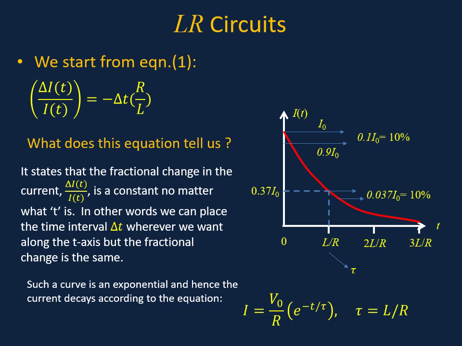The factor tau is a time constant which characterizes how fast this exponential curve drops, and that's simply L divided by R. L divided by R has the units of time in seconds. Now, where does this 0.37 I0 come from? 0.37 I0 is simply the number you get if you take time equal to tau. e to the power minus 1 will give you 0.37 I0.